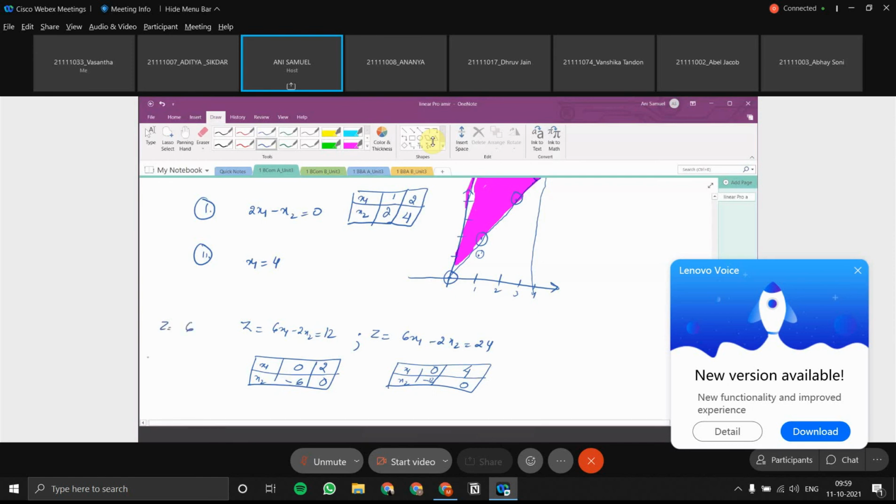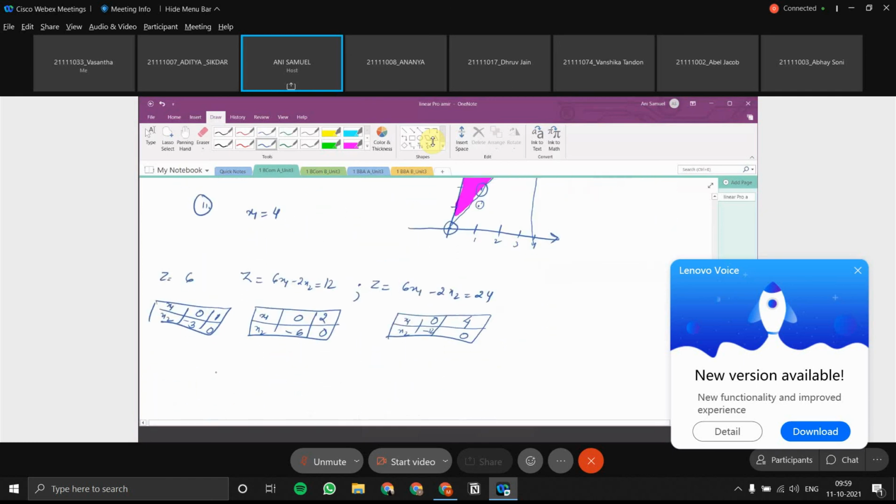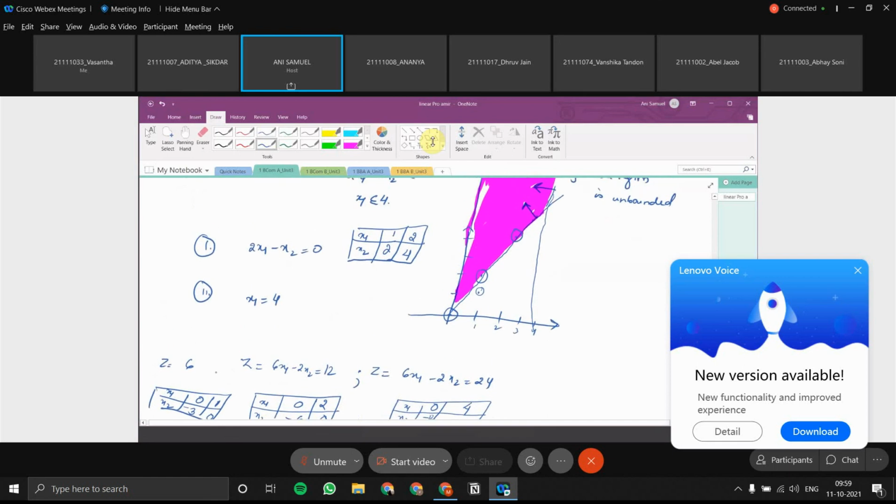So let's take z as 6. When x1 is 0, x2 is minus 3, right? And when x2 is 0, x1 is 1. So I'll plot these two points, 0, minus 3 and 1, 0.